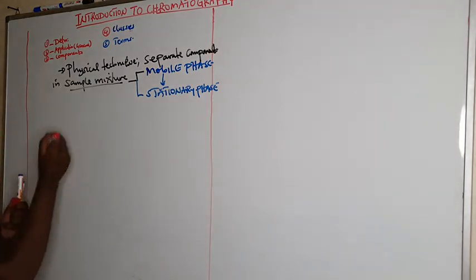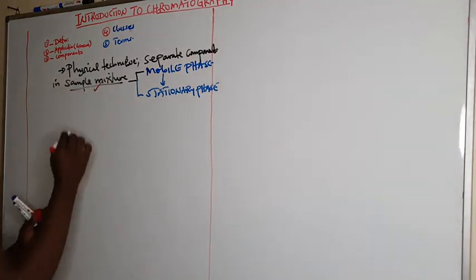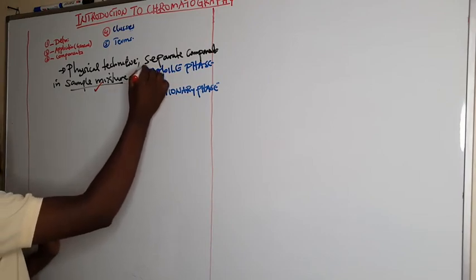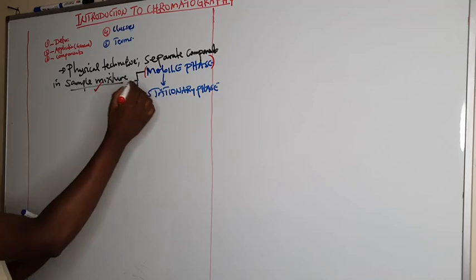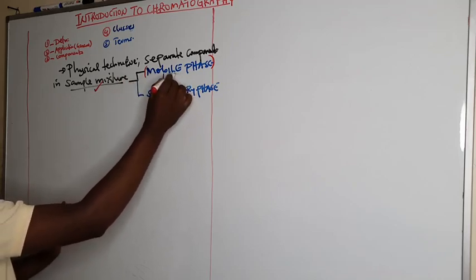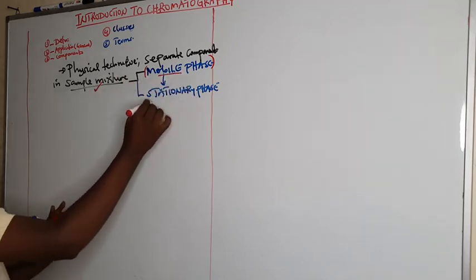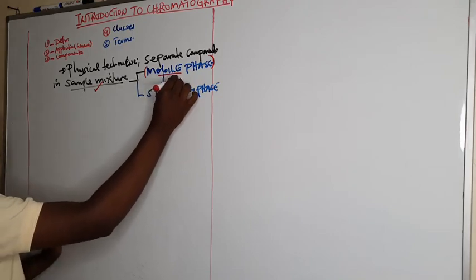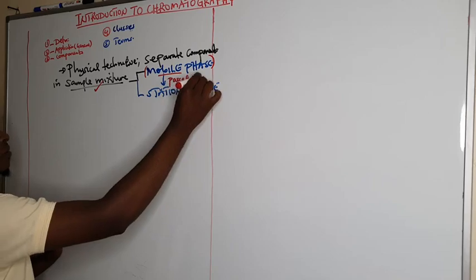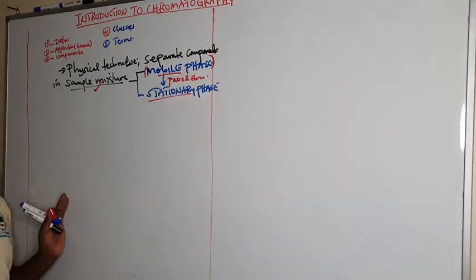You have the sample mixture, then this sample mixture is put in a solvent or a gas known as the mobile phase, and it is passed through the stationary phase.